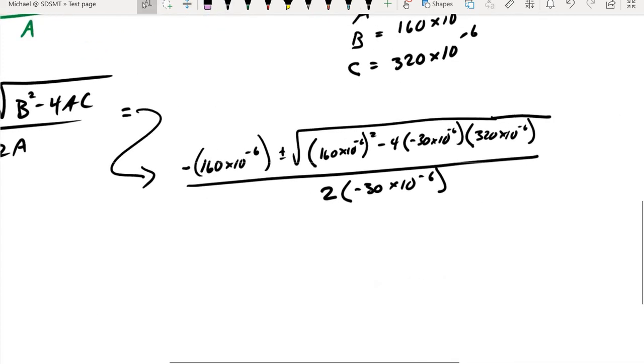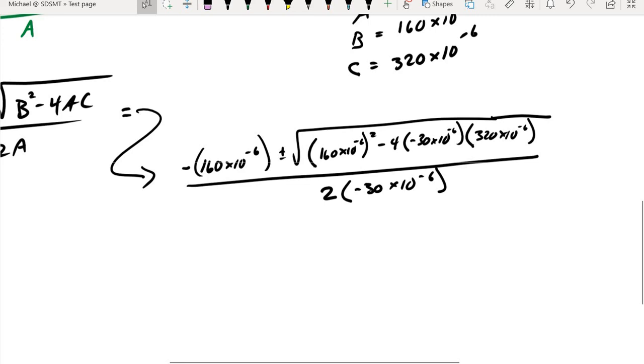Okay, there we have it. So now the trickiest part here is just being very careful with our algebra and evaluating everything as we go along.